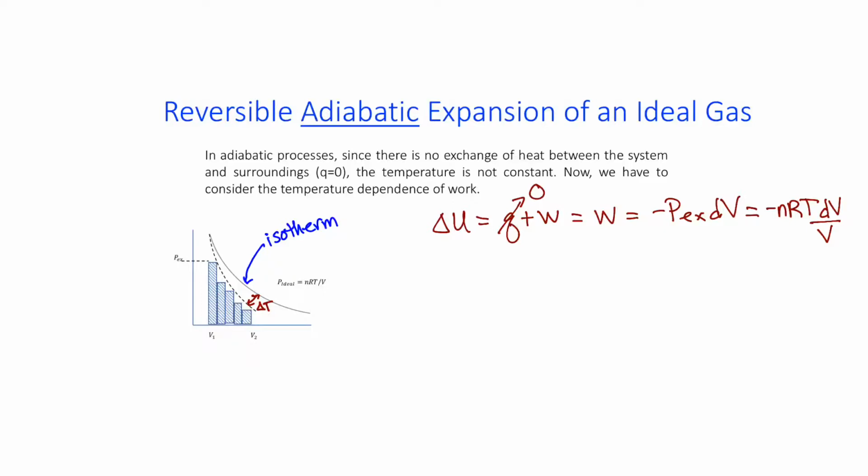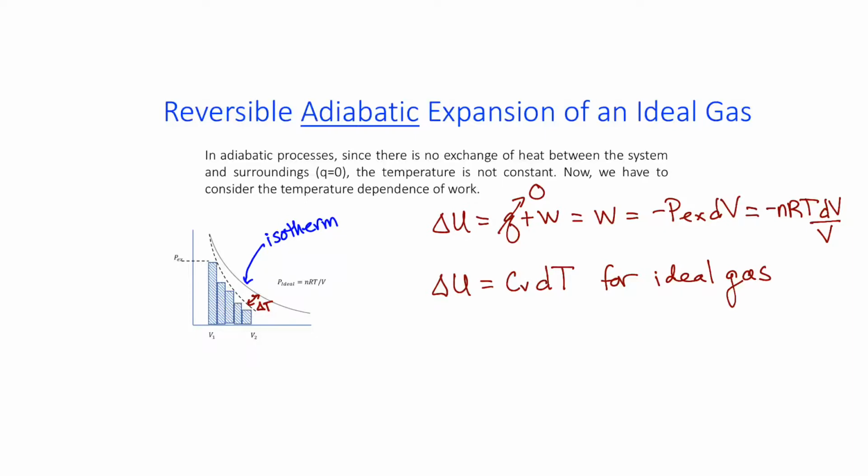Okay, so thinking back to our introduction to internal energy, remember that for an ideal gas, delta U equals CV dT, again, explicitly for an ideal gas. Okay, so can we use that to help us get information about the temperature dependence of work?